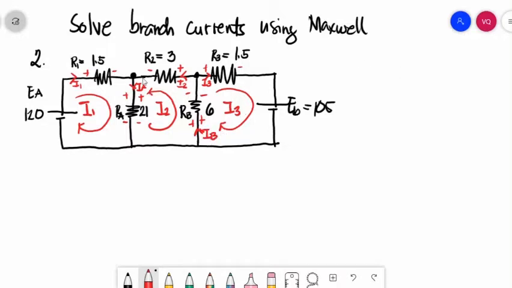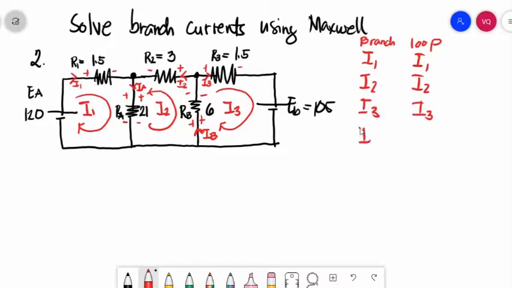Therefore, the value of your branch current I1 is equal to loop current I1. Branch current I2 will be loop current I2. Branch current I3 will be loop current I3.